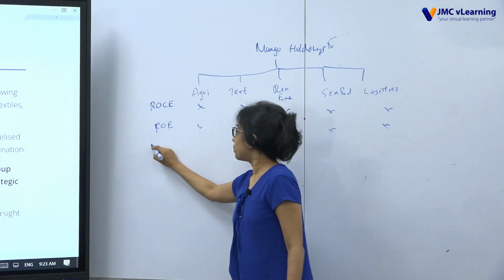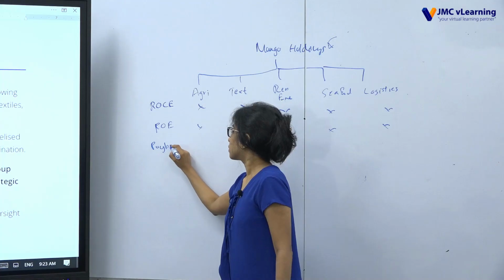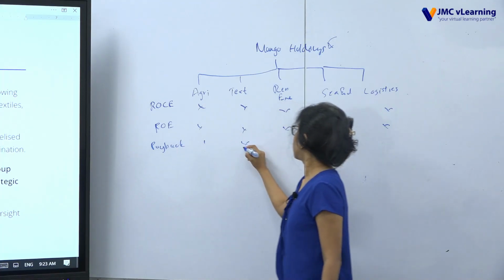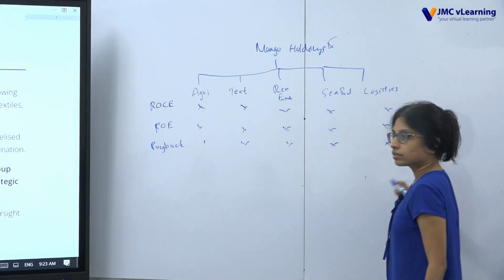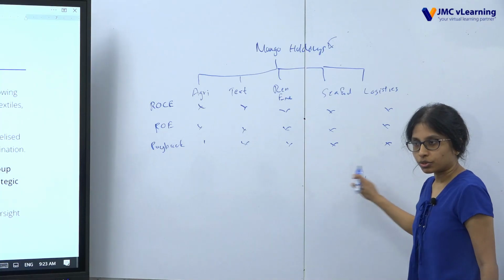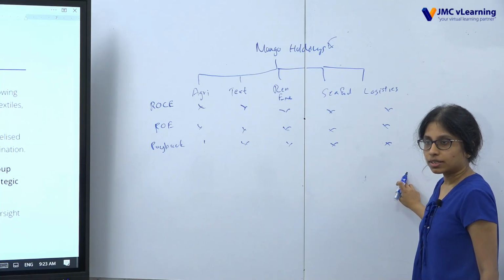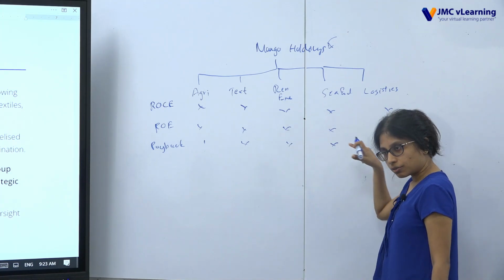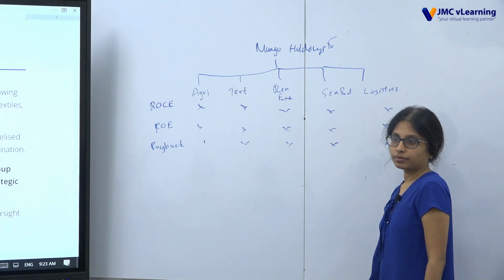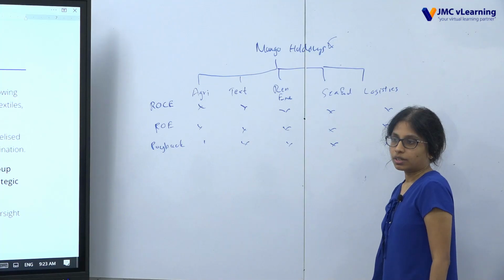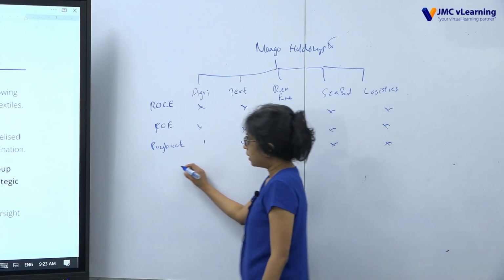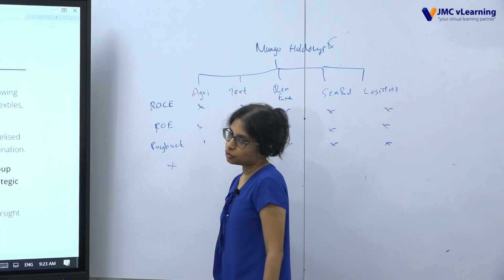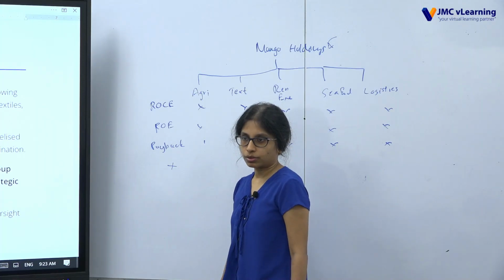You can use payback on all of these. Or revenue growth. Likewise, there are certain metrics you can use on each and every company. That's what I am saying. Then in addition to that, there can be company specific metrics also.